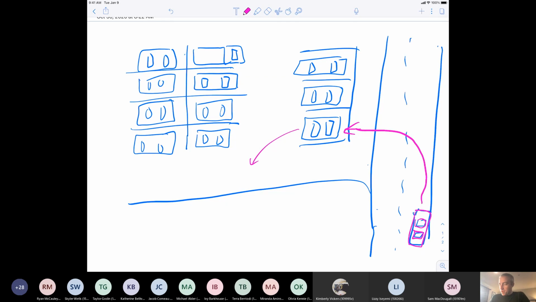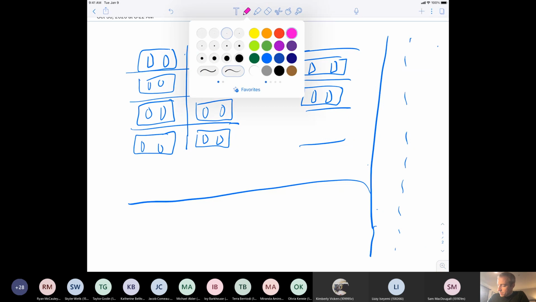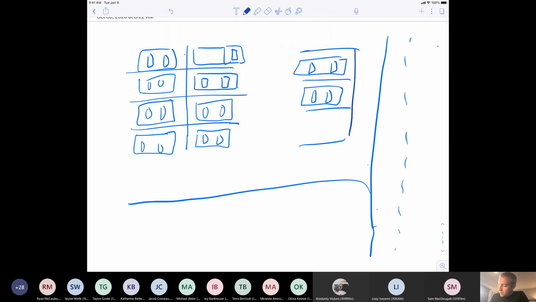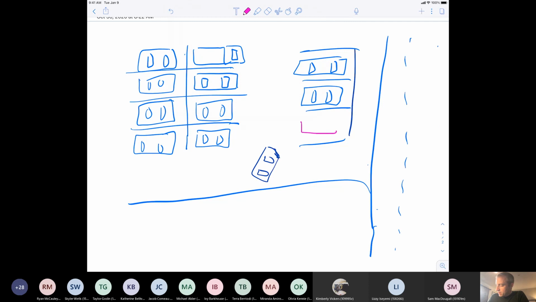Push that car right out of the spot so that when you're done, I'm deleting my road here. So then when you're done, this car is out here somewhere with a bent up fender, and you're in the spot.